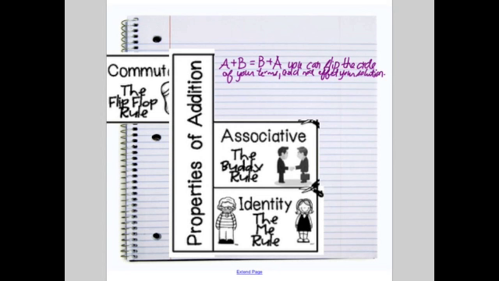Now, let's do two examples here. We can talk about 2 plus 3 equals 5, and 3 plus 2 equals 5. These things are both true.